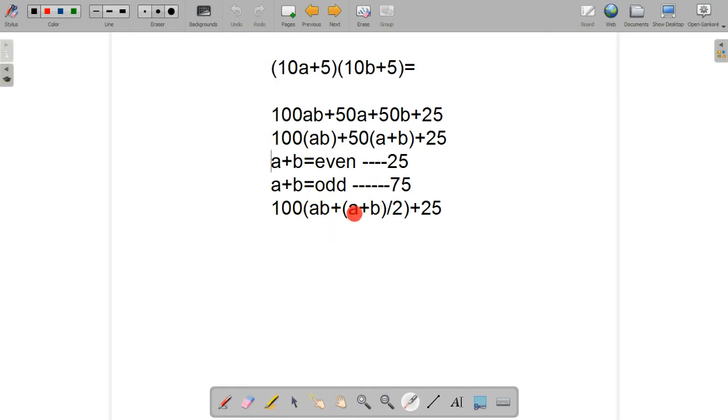Of course, this might give you an extra 50, but that 50 is not going to influence your first term. We already set up the conditions here. So ab plus a plus b divided by 2 is your first term.